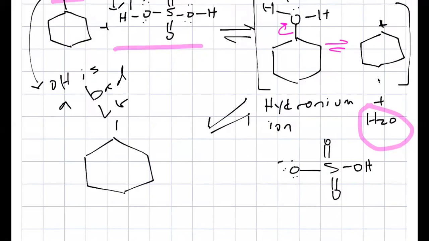So I have a plus charge here. Keep in mind, I have 2 hydrogens here.